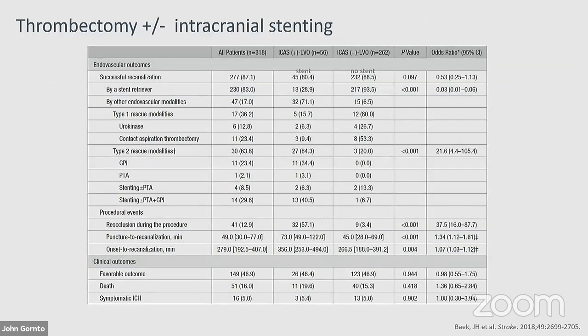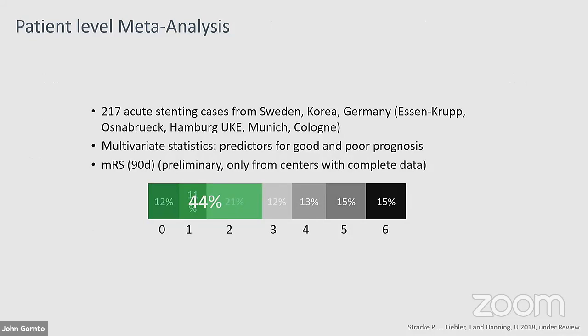And there has been a publication by a group from Korea, and they found the same outcome in patients where they did stent, or where they had to stent because of underlying intracranial atherosclerotic disease, and without. And we collected data from more than 200 cases from predominantly Germany, but also from Sweden, Korea, and we were able to do multivariate statistics with these data because we have the patient-level data.